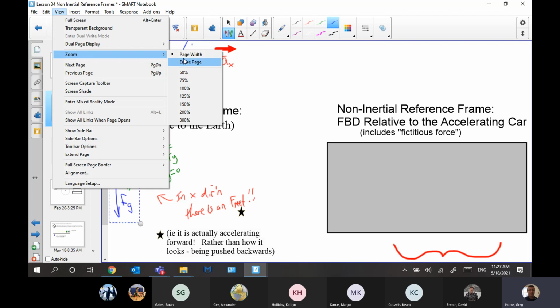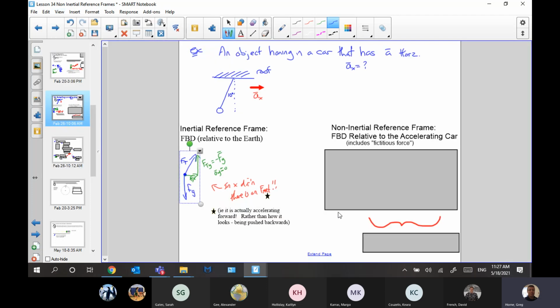All right. So what does the non-inertial reference frame look like? Okay, so we're going to include a fictitious force with this one. If someone looked at that ball hanging and swaying backwards, they might think, there must be a force on that, right? There must be a fictitious force applying backwards on this thing to make it hang like that.